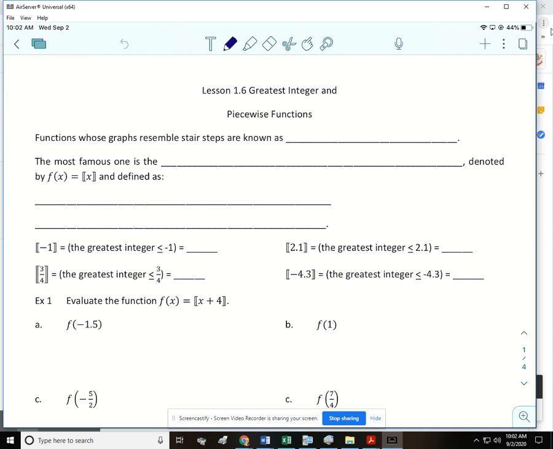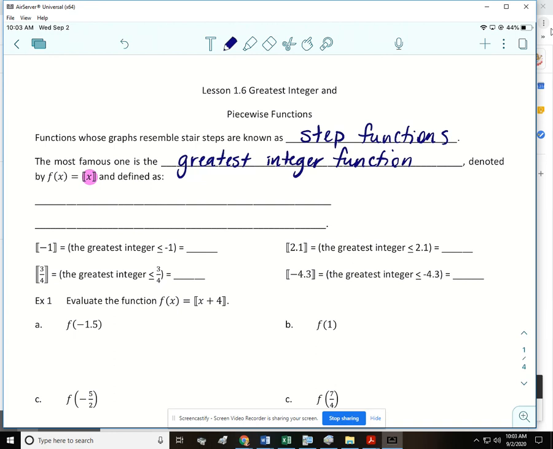So anyway, functions whose graphs resemble stair steps are known as step functions. And the most famous step function is called the greatest integer function. And it's denoted by these double brackets.